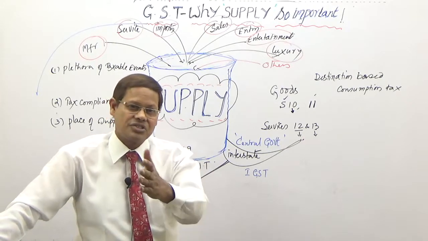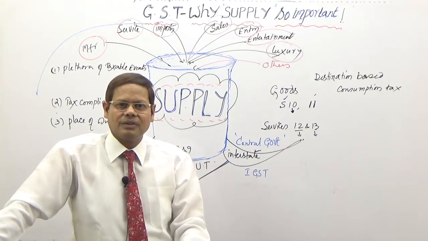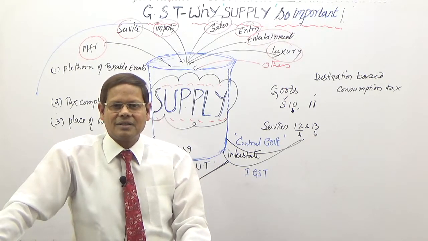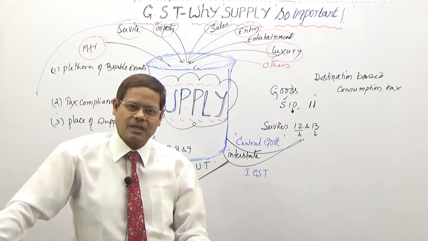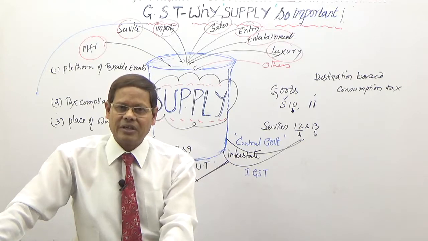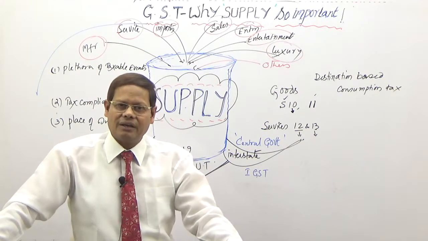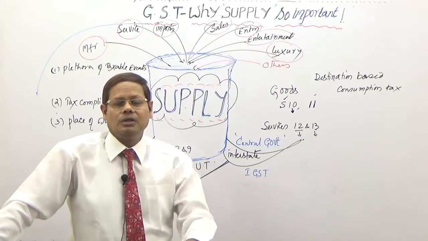It's not origin, it is destination. So where does the tax go? Who will collect the tax? Who will retain the tax? Andhra Pradesh is a manufacturing state and Telangana is a consumption state. Earlier, the tax, particularly sales tax, used to go to the state of AP.